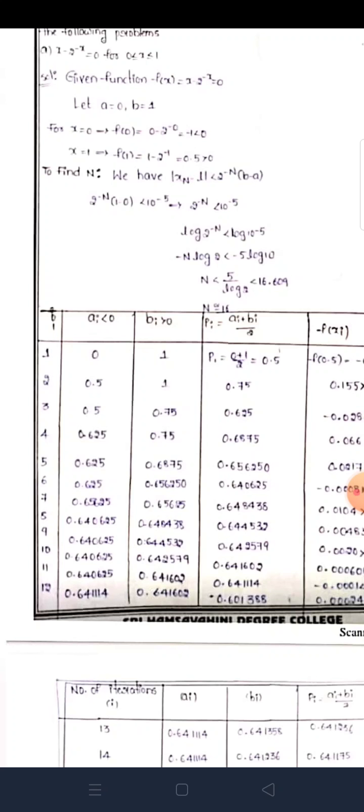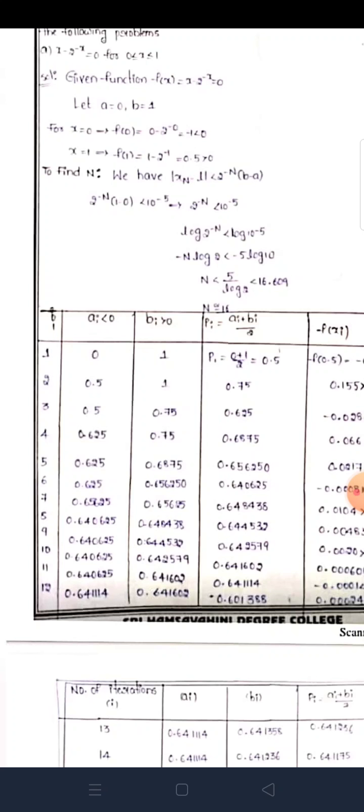Put i equals to 11. a11 is equal to 0.640625. b11 is equal to 0.641602. p11 is equal to (a11 plus b11) by 2 is equal to 0.641114. f of x11 is equal to minus 0.0014. This is less than 0.